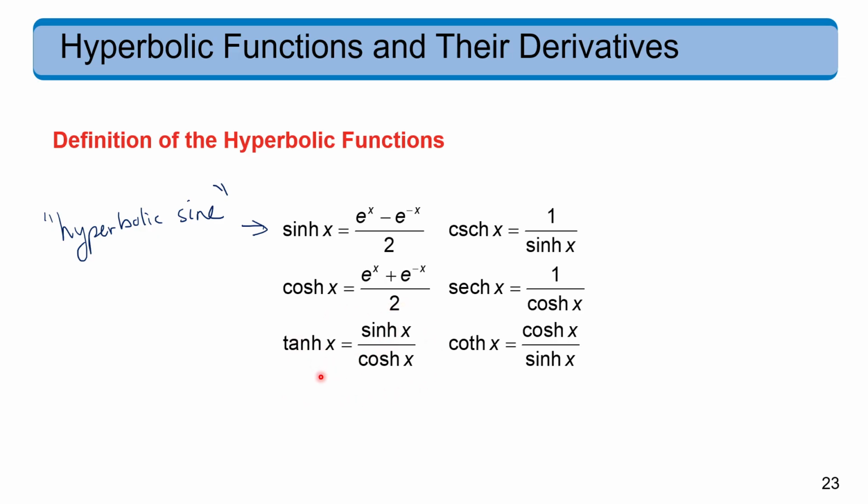So hyperbolic tangent of x is hyperbolic sine over hyperbolic cosine, and then you could refer back to those formulas and substitute them in and see how hyperbolic tangent is just a combination of e to the x and e to the negative x. Same thing with all the others, right? They use the familiar trig identities for these others, but all hyperbolic versions of those functions.